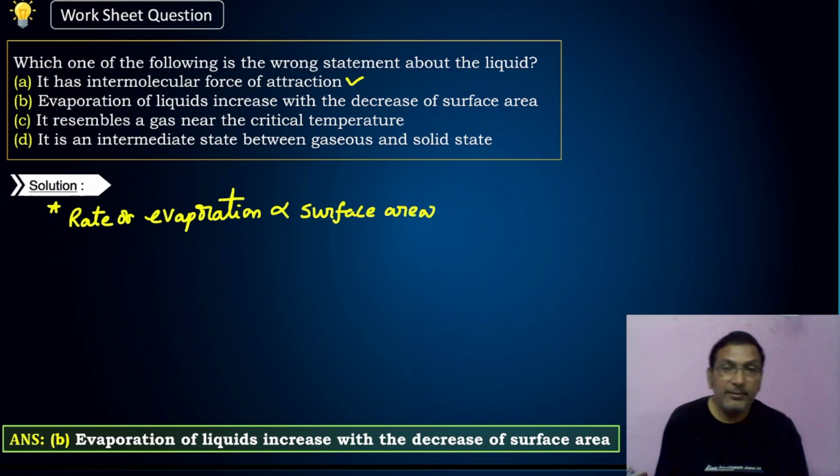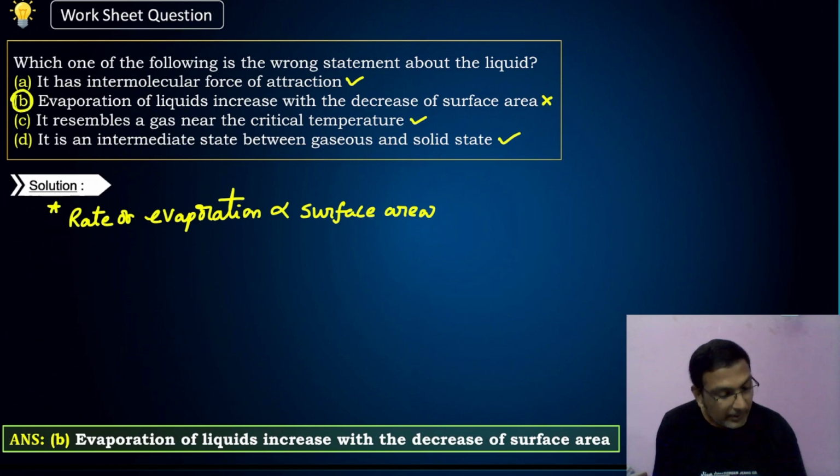As the surface area of liquid increases, rate of evaporation increases. But here wrong is given. Statement 3. It resembles a gas near critical temperature. That is also correct. Critical phenomenon. Next, it is an intermediate state between gas and solid. That is also correct. So incorrect statement is B. So rate of evaporation directly proportional to surface area. As the surface area increases, more number of molecules will be converted to vapor. Next.